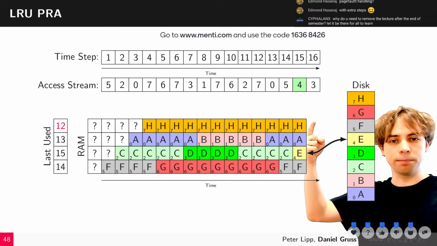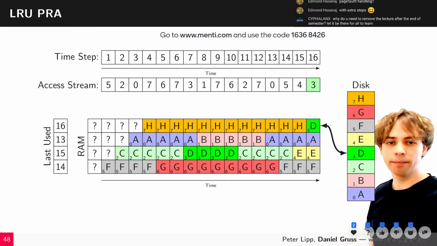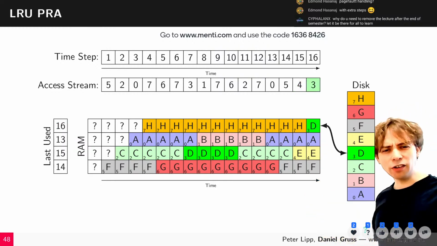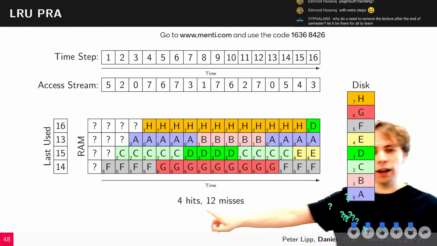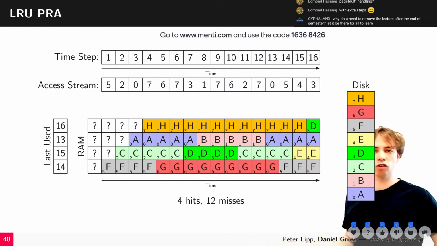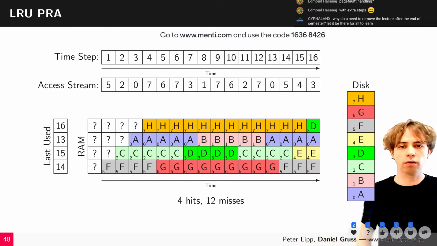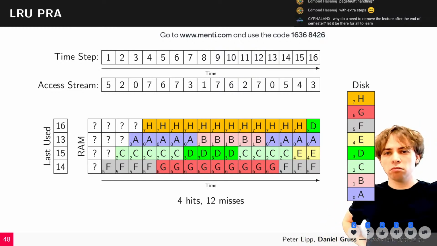This one will be placed here in the DRAM. That's actually quite good. 4 hits, 12 misses. That's actually quite good, better than before, right? So this is a quite nice algorithm, and this is also used in practice.